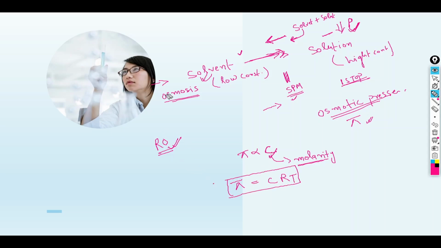Now one more concept about this that you have to keep in mind. As I told, in osmosis pure solvent naturally will move from lower concentration to higher concentration solution side. But this process is in both directions. In osmosis the solvent flows in both directions, but the net flow is from low concentration to high concentration.